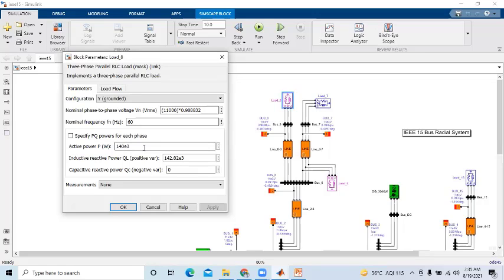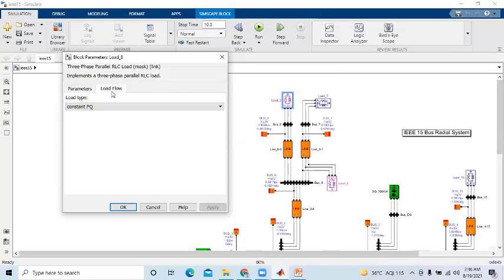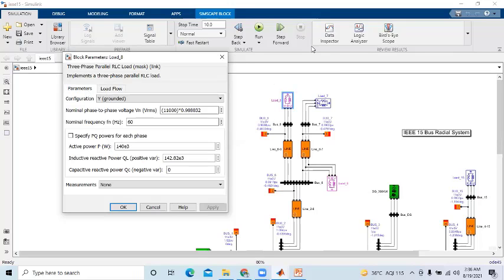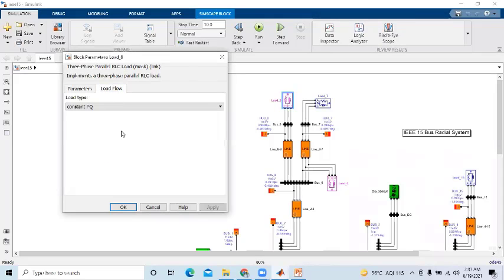The inductive reactive power is defined as 142.82 kVAR. This load does not have any capacitive VARs. That's why this QC, the negative VAR, is equal to 0. Only the positive VAR is configured. And the type of the load is the PQ load, and the type of the load flow is a constant PQ load.